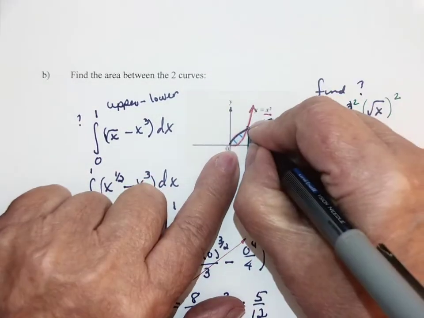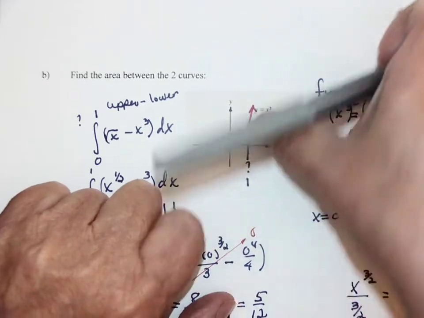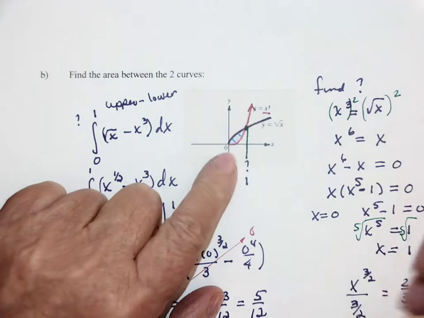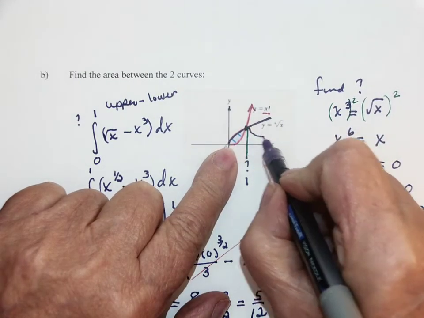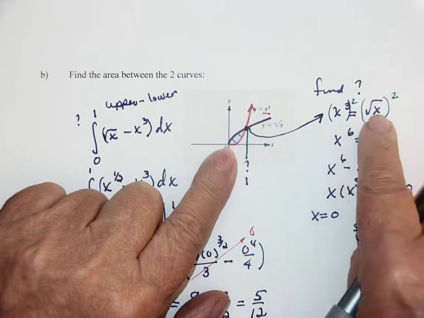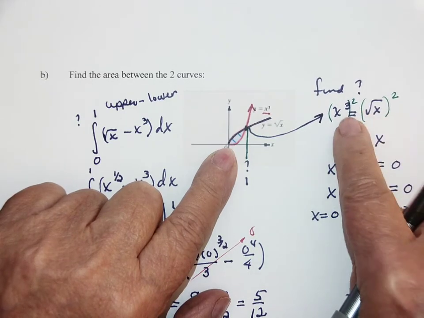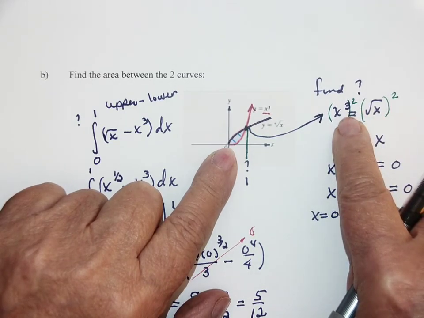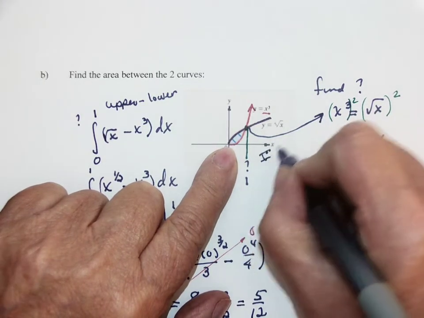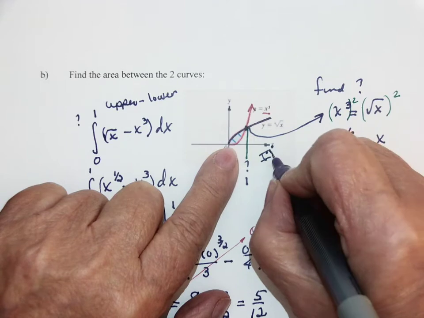Because I needed to know where this guy stopped. Yeah, I don't get why that was. It's where these two graphs are equal. Okay, and this is the intersection.